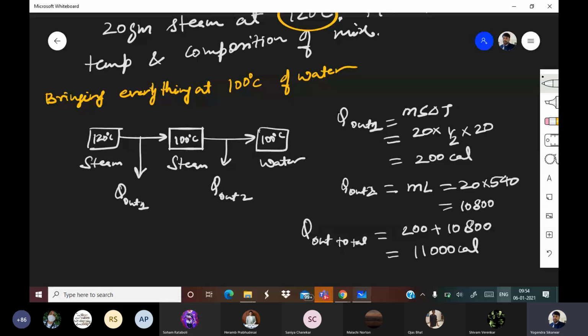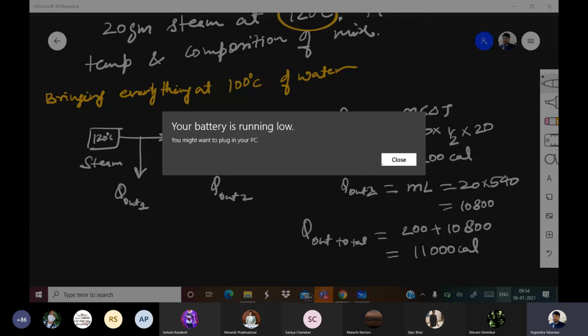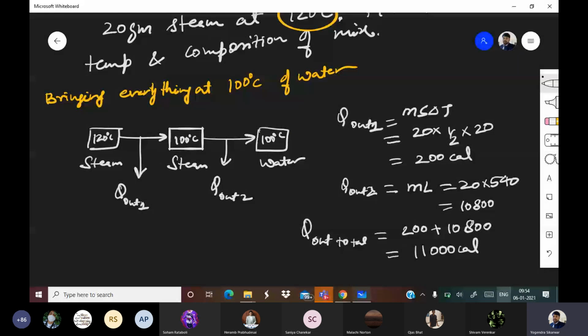So total heat released, my dear friends, is 11,000 calories. Okay, we have taken note of that. This is our earning in terms of heat. Now let us talk about expenditure of heat.